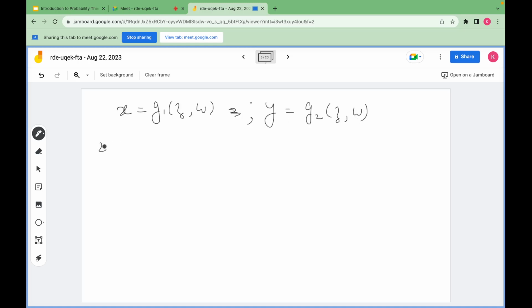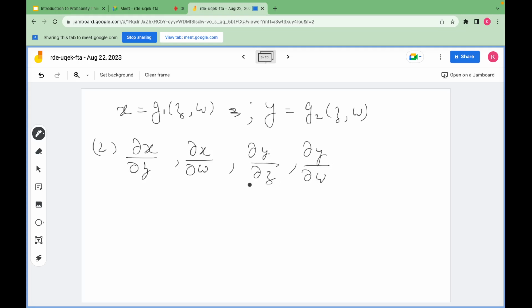Now we will find the partial derivatives: ∂x/∂z, ∂x/∂w, ∂y/∂z and ∂y/∂w. We assume that all these exist and are continuous. All of these quantities exist and are continuous. This is the second assumption we made.